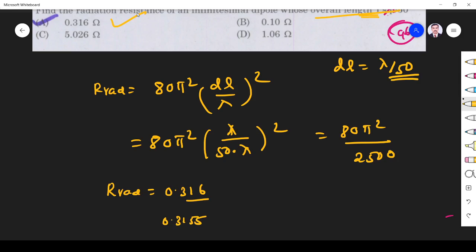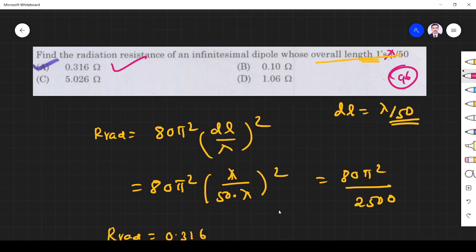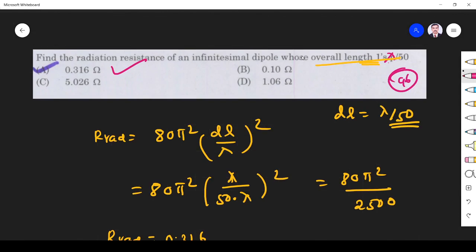So option A is the right answer. Here in the question you have to change: the overall length is not 1, the overall length is lambda by 50. Fine. That's all about this session.